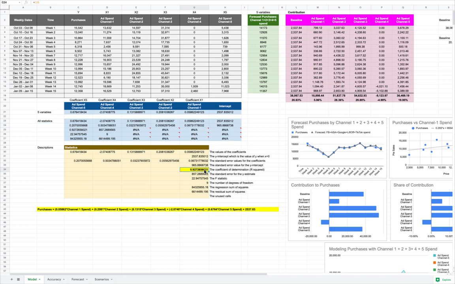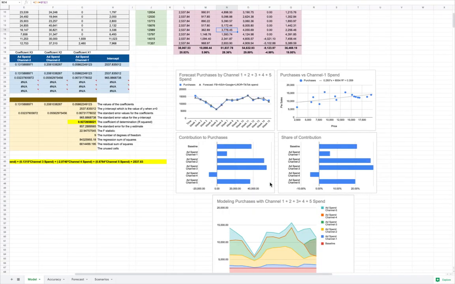We get all the statistical numbers here and the descriptions are placed in the table at the bottom. We see that 0.927 is our R squared value. Also, we devised an equation using these coefficients of these channels. We have here forecast values using the equation and then the contribution from multiple channels. We also see some graphs which are fairly intuitive to understand.